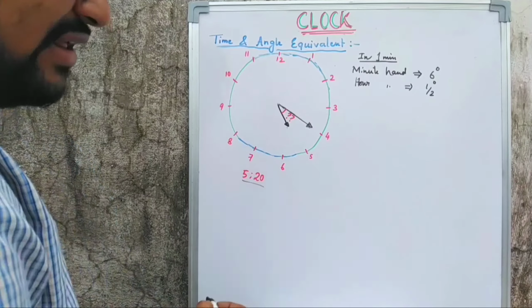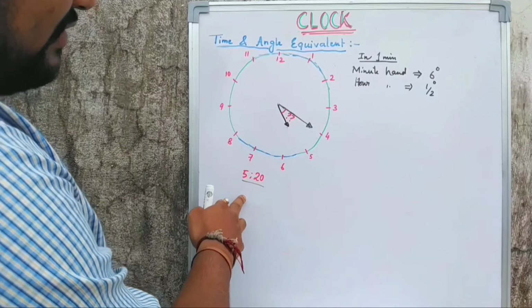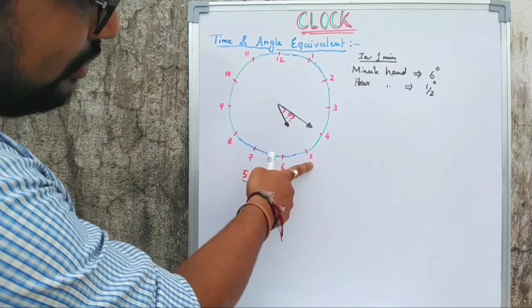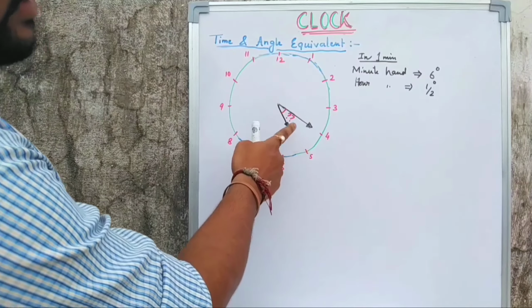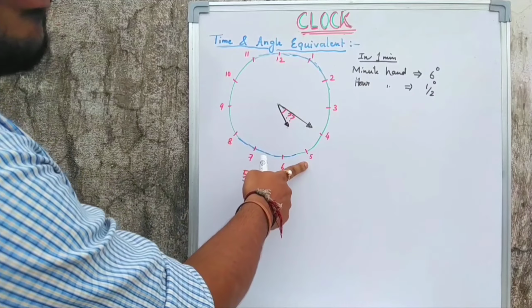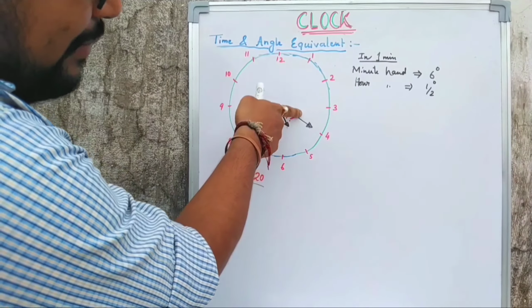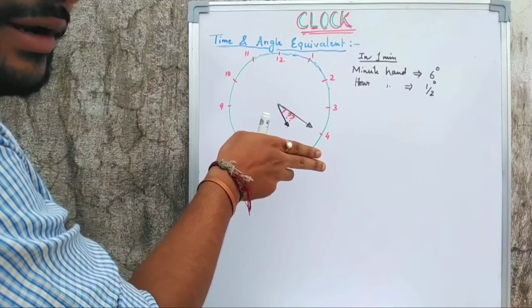At 5:20 the hour hand is in between 5 and 6, not exactly at 5. Why not exactly at 5? Because at exactly 5 o'clock it will be at 5, but whenever 20 minutes have passed, it will be shifted a little bit.